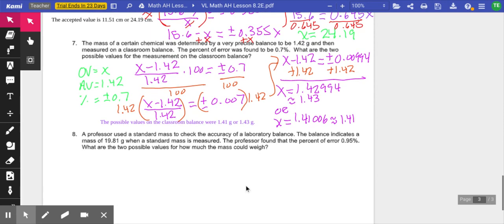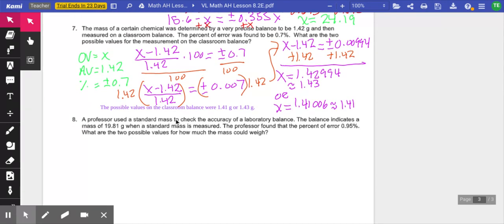Last one, here we go. A professor used a standard mass to check the accuracy of the laboratory balance. The balance indicates the mass of 19.81 grams when the standard mass is measured. The professor found the percent error was 0.95%. What are the two possible values of how much the mass could weigh?